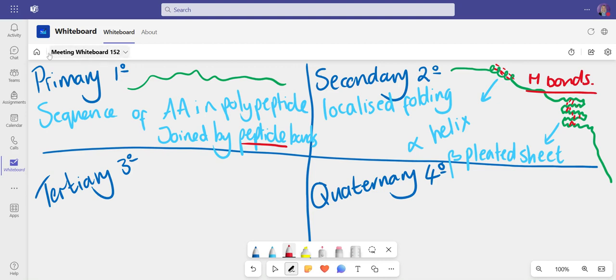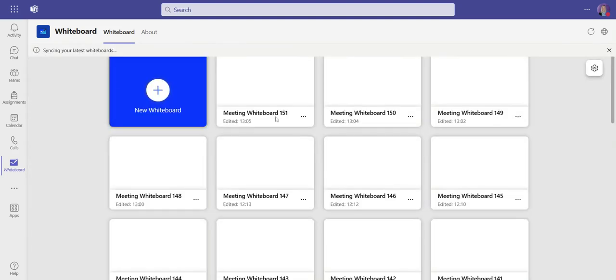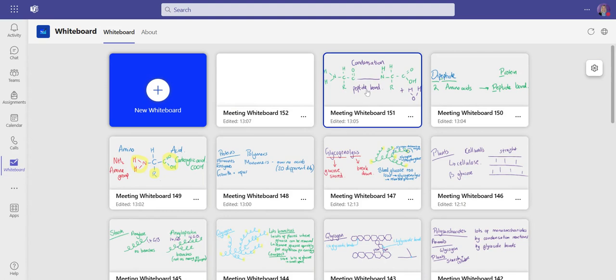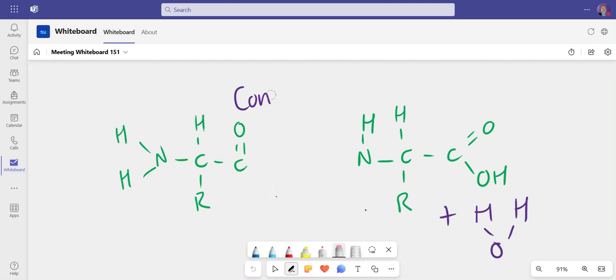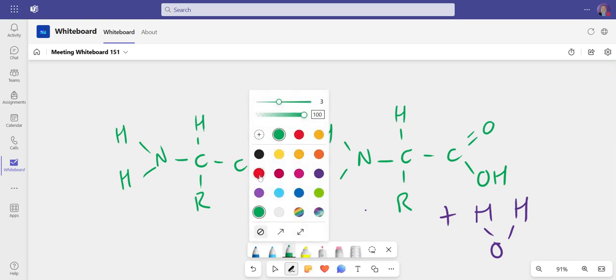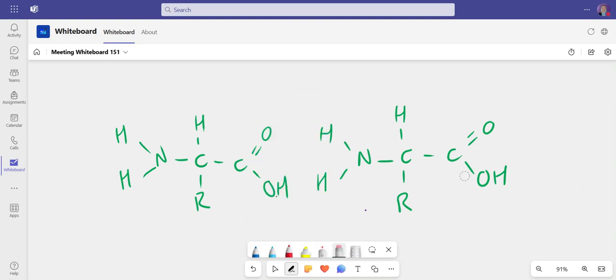Okay, now those hydrogen bonds, a little bit about them. If we go back to our picture of the amino acids, let's say just here. I'm just going back to this to save me time. If I had two amino acids, let me just finish off those pictures. So it would be NH2, and that'll be COOH. The hydrogen bonds form because some of these parts of these molecules have a slight charge.